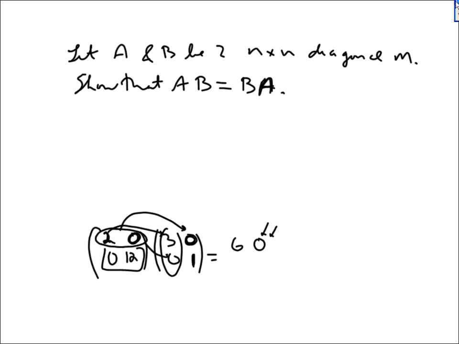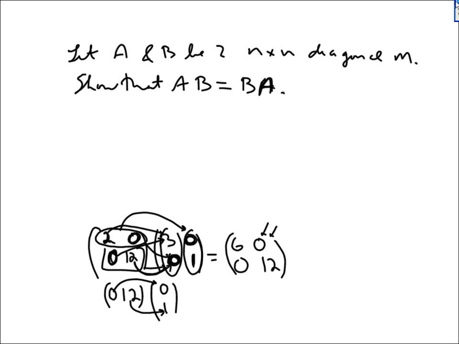The second row with the first column: this has to be a 0, and it gets multiplied by 3. And when you multiply the second entries, this has to be a 0, which is being multiplied by 12. The bottom line is you get 0. Likewise, the second row dotted with the first column, this 0 is by design, and whatever this number is, it gets multiplied by that number.